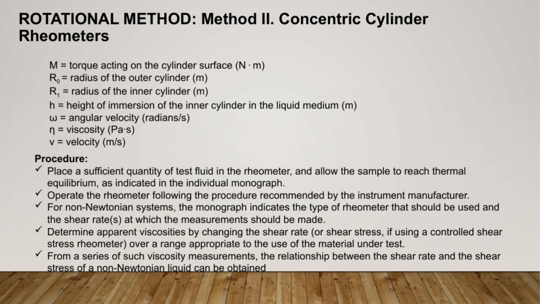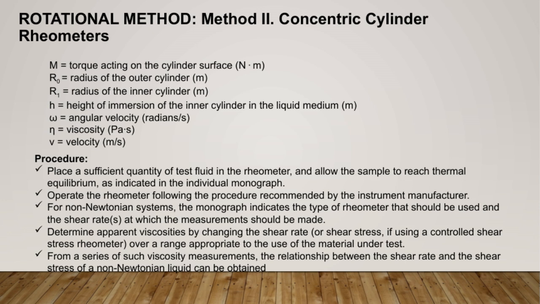This range should reflect the conditions relevant to the material's intended use. By doing this, you can gather a series of viscosity measurements at different shear conditions. From these measurements, you'll be able to establish the relationship between shear rate and shear stress for the non-Newtonian liquid. This relationship is key to understanding how the material behaves under different flow conditions.